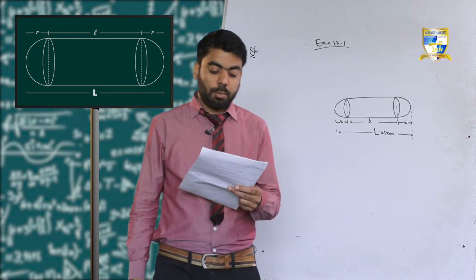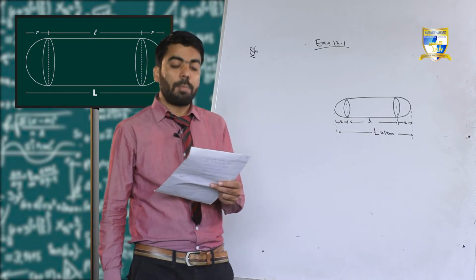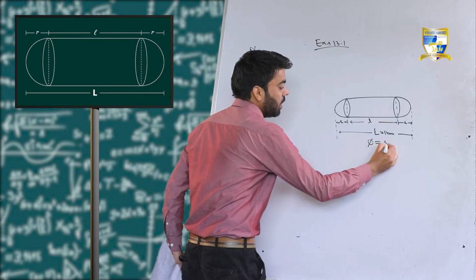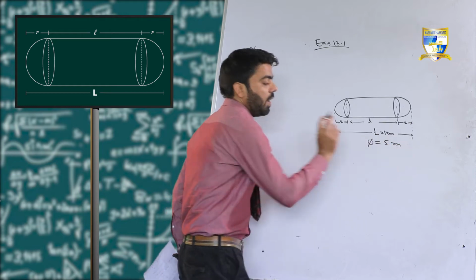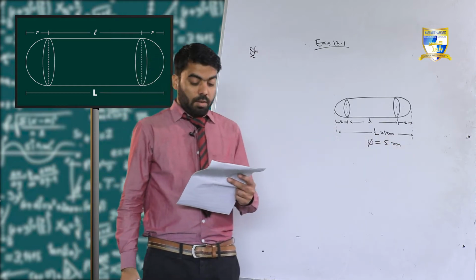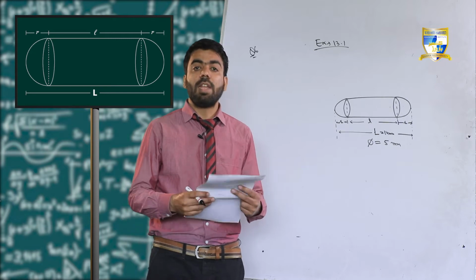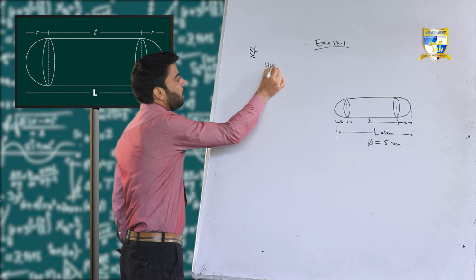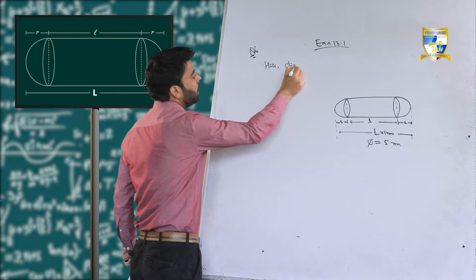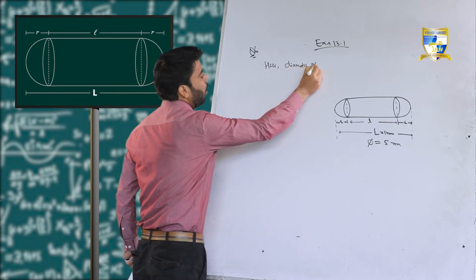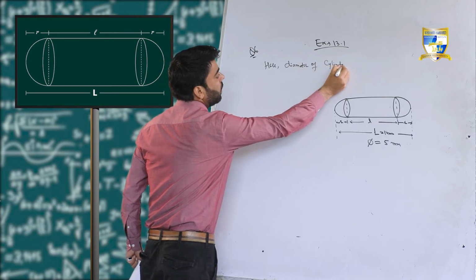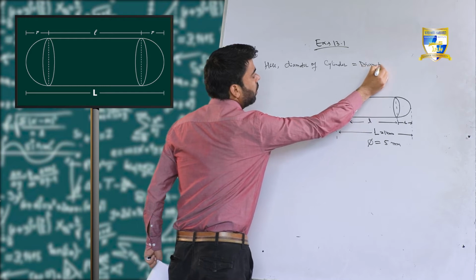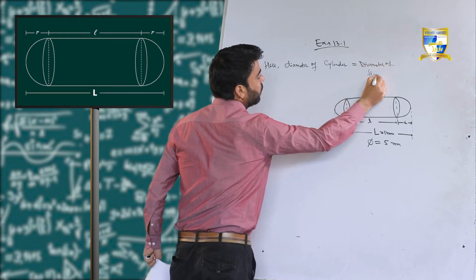The length of the entire capsule is 14 mm and the diameter of the capsule is 5 mm. That means the diameter is equal to 5 mm. We have to find the surface area of this capsule. So we can write here the diameter of the cylindrical part is equal to the diameter of the hemisphere.